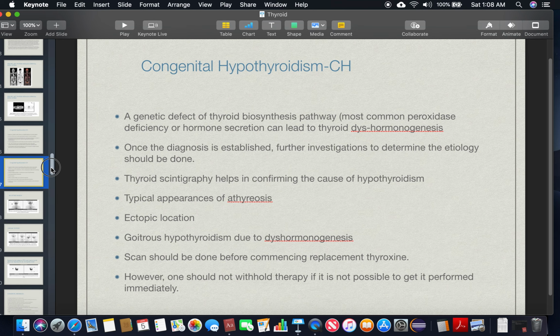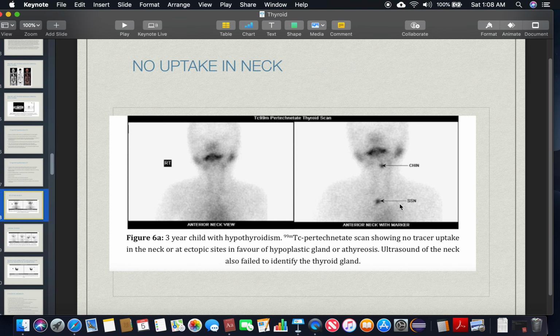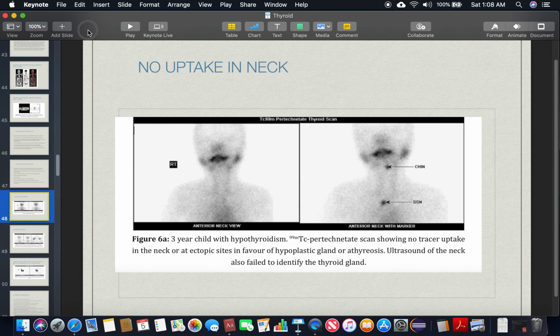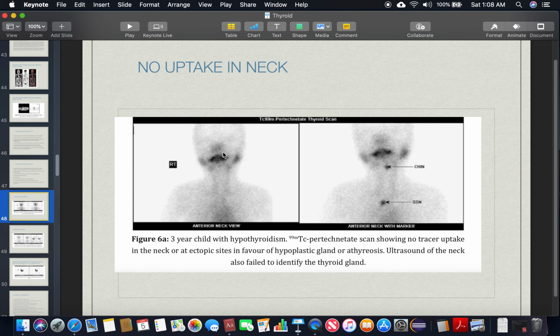And I mentioned the difference between pertechnetate and iodine trapping. So remember, if you have to differentiate a gland which is physically present but has dyshormonogenesis or peroxidase enzyme deficiency, you may do a radioactive iodine uptake scan.